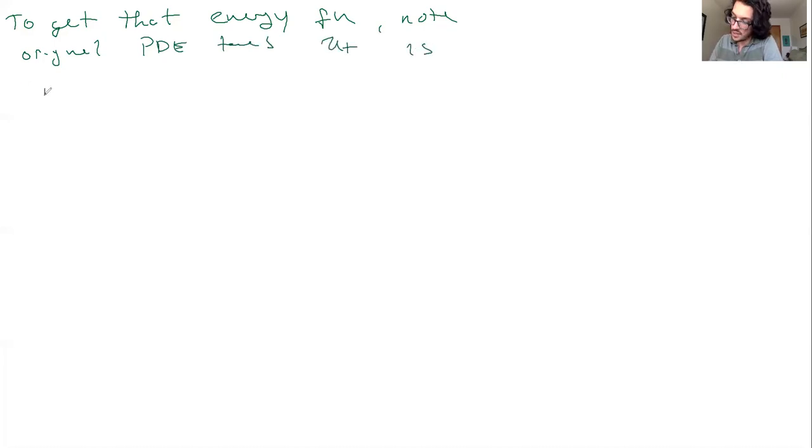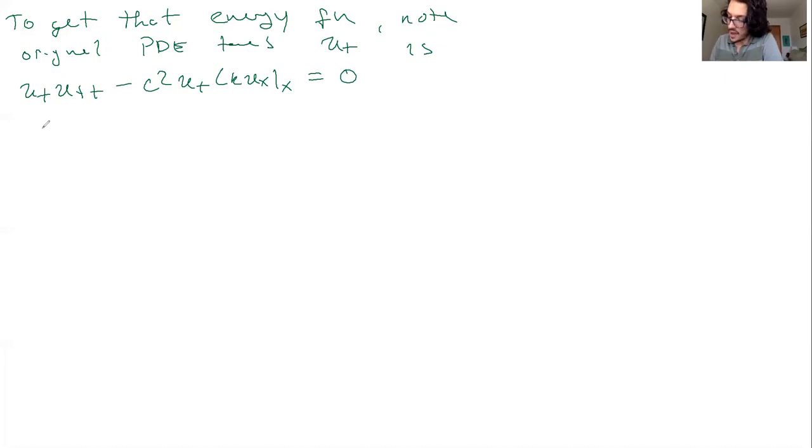Well, it's u_t u_tt minus c squared u_t (k u_x)_x, which is equal to 0.